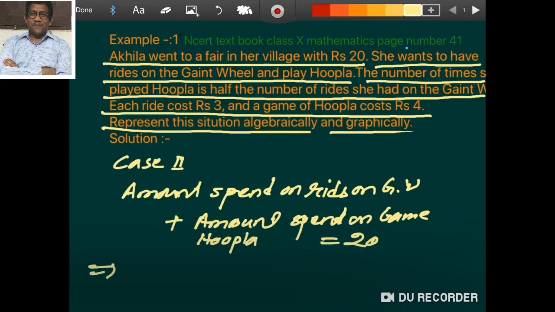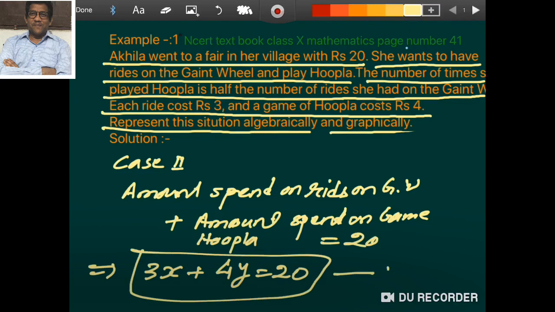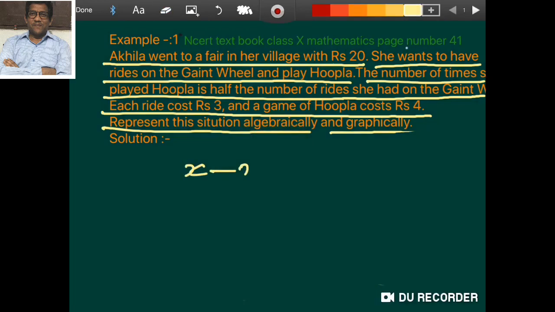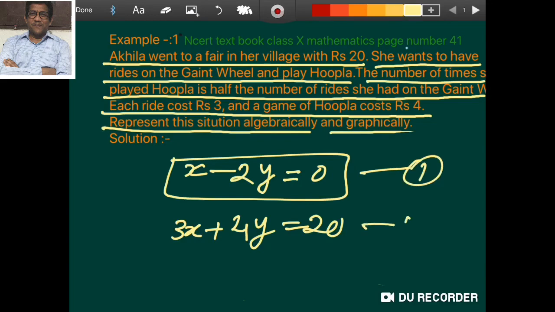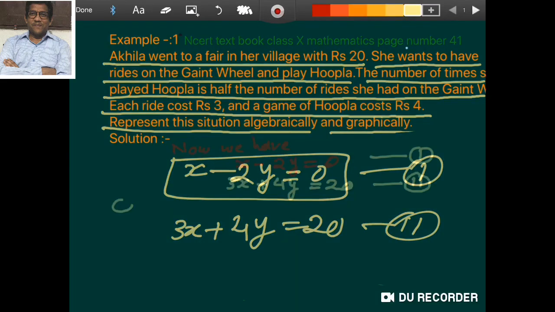So it gives 3x plus 4y is equal to 20. So x minus 2y equal to 0, and 3x plus 4y is equal to 20. Okay, it is case number 1, it is case number 2.